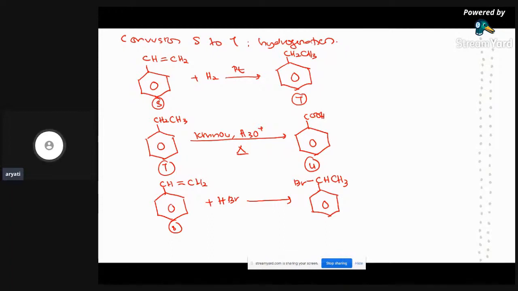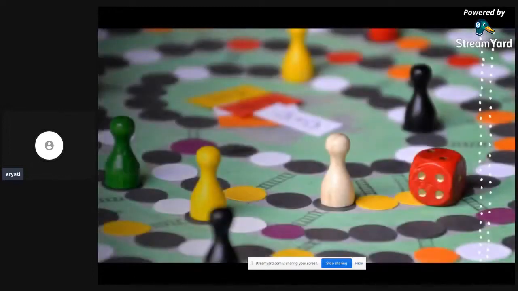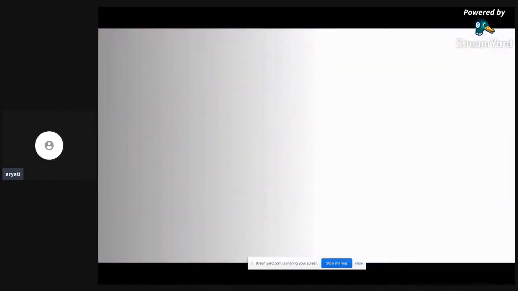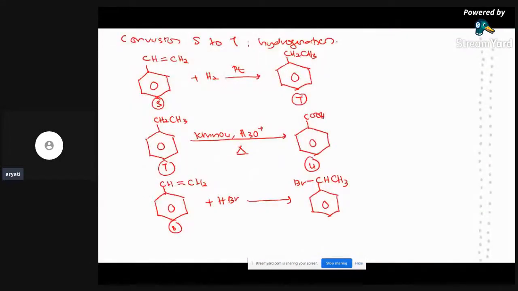Okay. Kemudian kita ada S produce W and methanol when undergo ozonolysis. So tindak balas S. Okay.